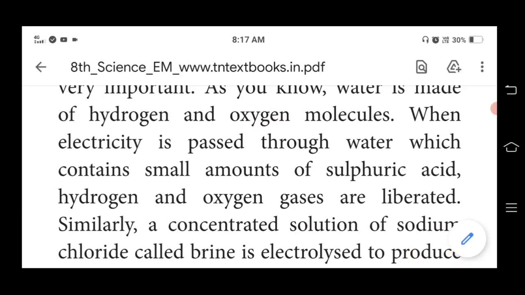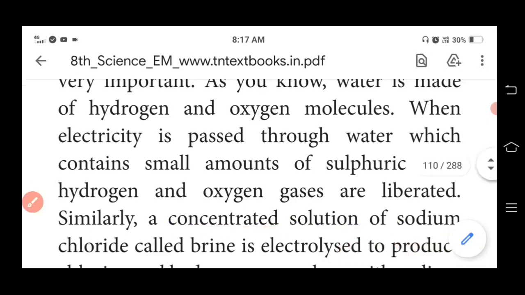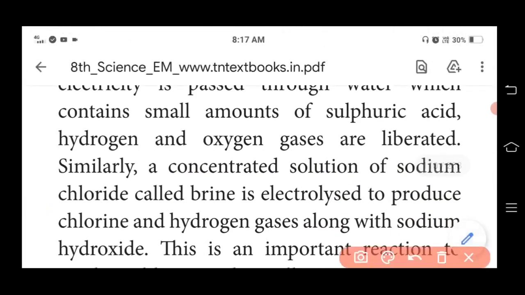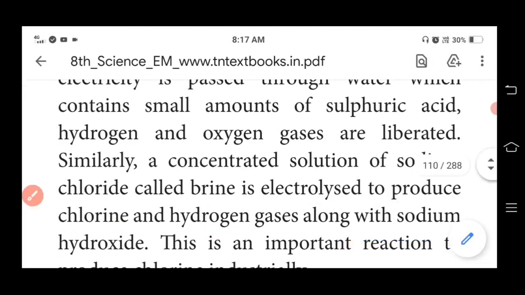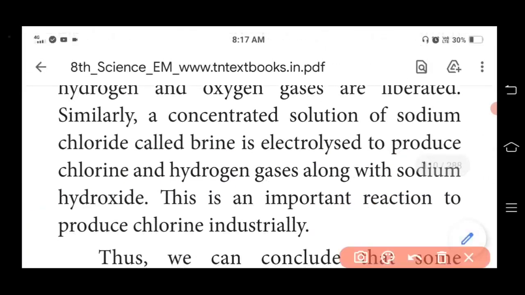Similarly, a concentrated solution of sodium chloride called brine is electrolyzed to produce chlorine and hydrogen gases along with sodium hydroxide. This is an important reaction to produce chlorine industrially.